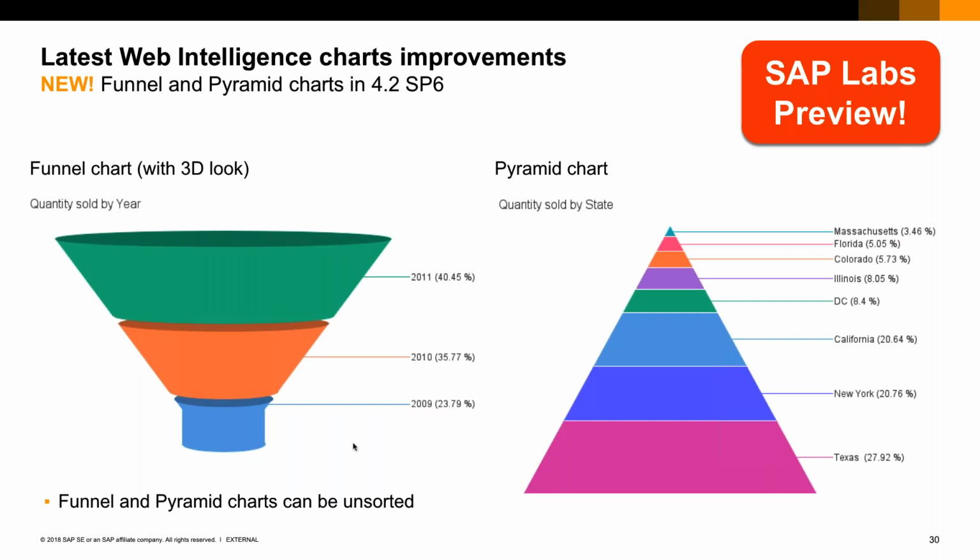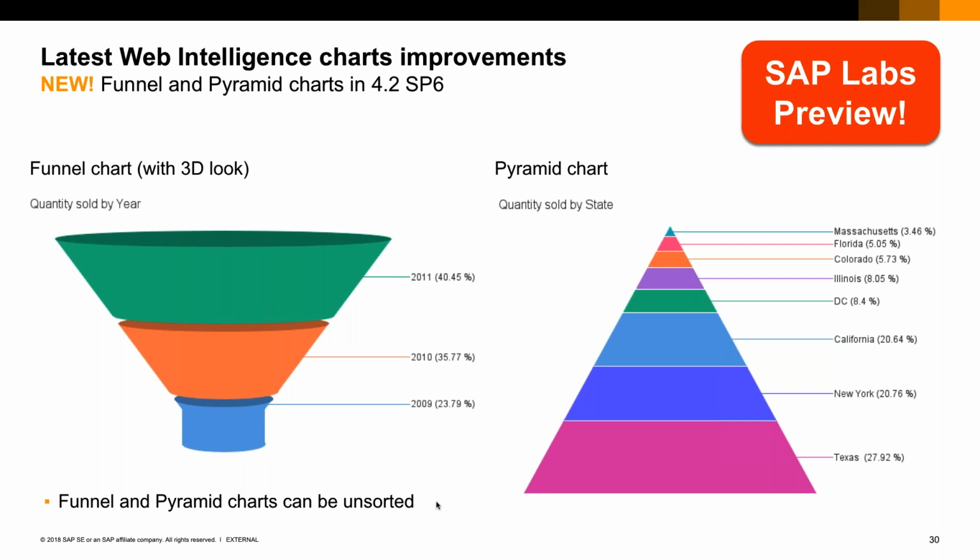A funnel chart here with an optional 3D look. You can make it flat too, and a pyramid chart. And the good thing about those two charts is that you can really decide how you want to sort the different layers of those charts. You can sort them in increasing or decreasing order, but you can also have them completely unsorted, and it will be in the order of the data sets you have.